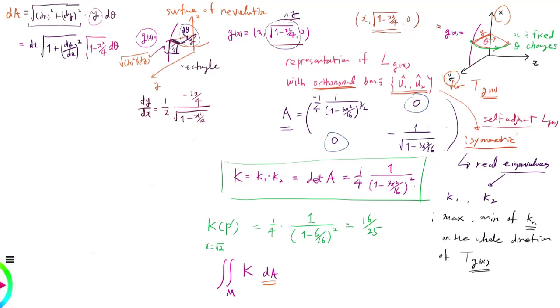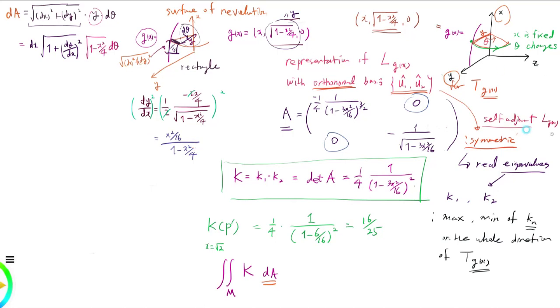So let's take a square on both sides, and we'll have x squared over 16 over 1 minus x squared over 4.